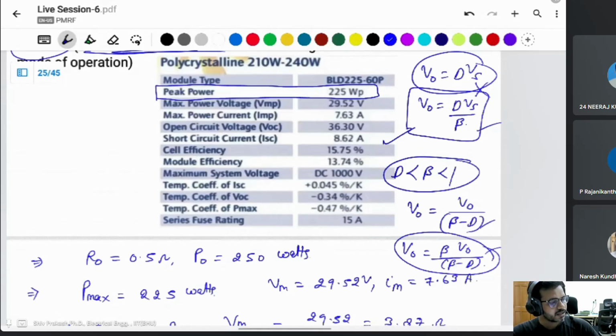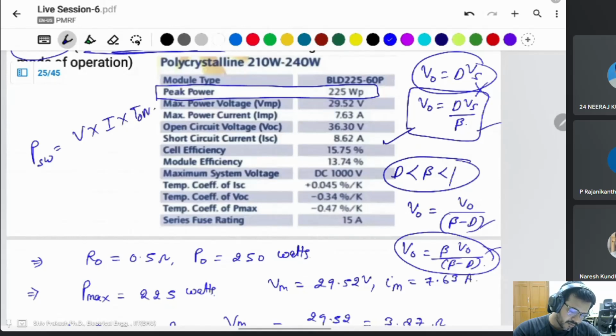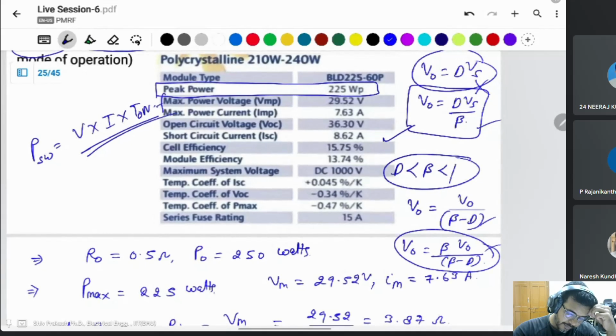But for some purposes where you need high voltage and efficiency, in discontinuous conduction mode the switching losses reduce. If you read the book, you can find how the switching losses reduce, because the current will be zero. Switching loss is V into I into T on or T off time, into frequency F.